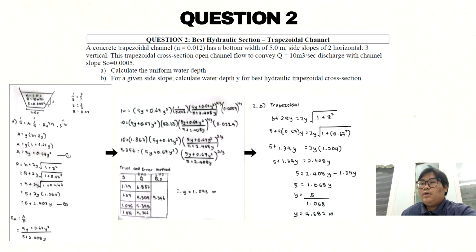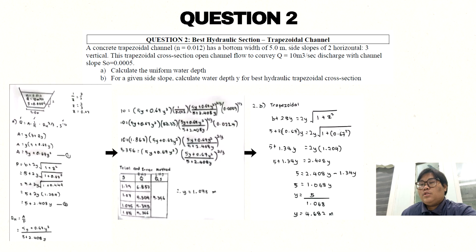So it will become 10 equals 5y plus 0.67y squared times 1 over 0.012 times 5y plus 0.67y squared over 5 plus 2.408y power of 2 over 3 times 0.0005 power of 1 over 2.